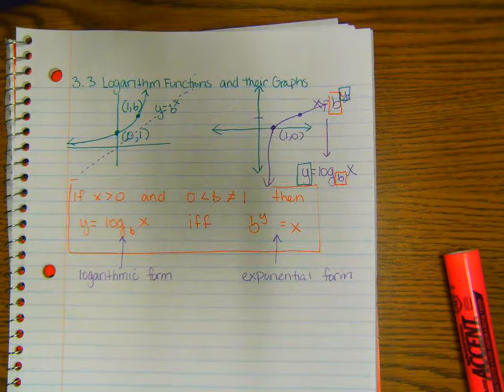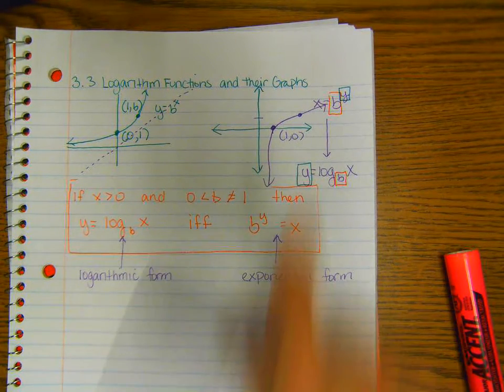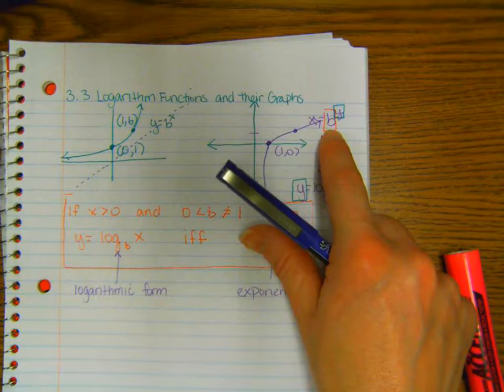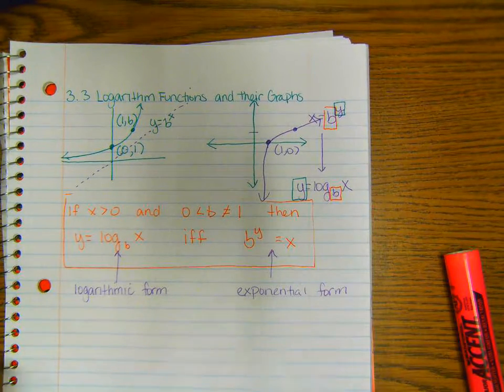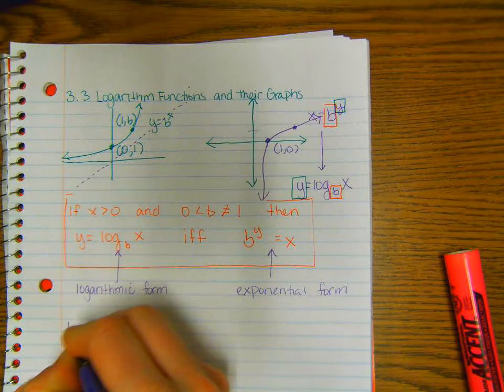The first one was 2 to the x equals 8, and you guys told me that x was 3, right? If I wanted to write that in logarithmic form, I would make the base be the base of that. So this would be log base 2 of 8 equals 3.